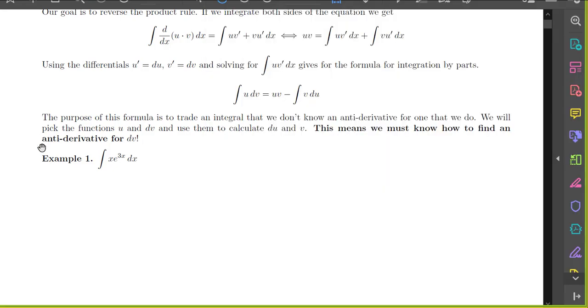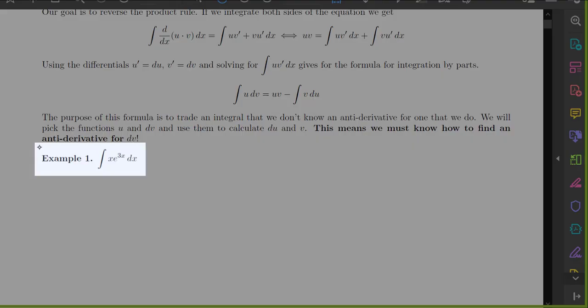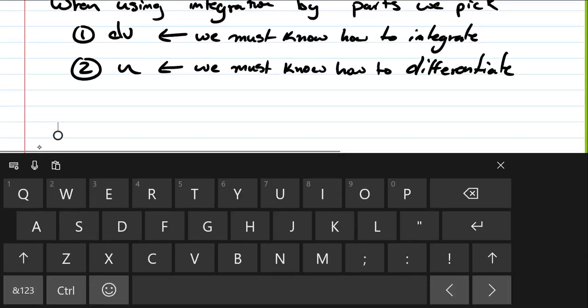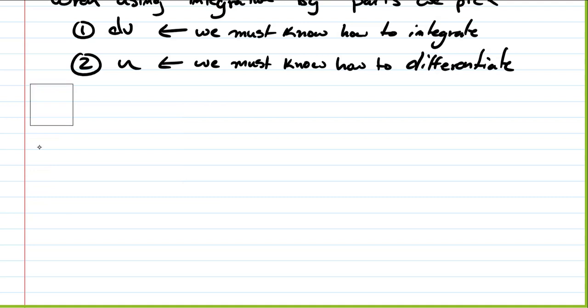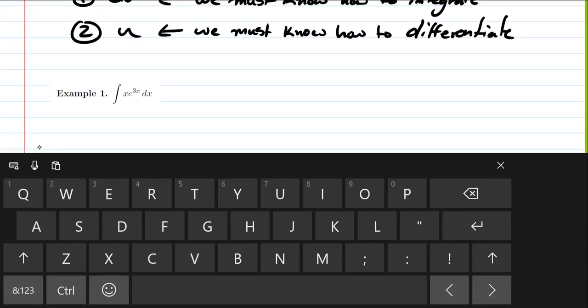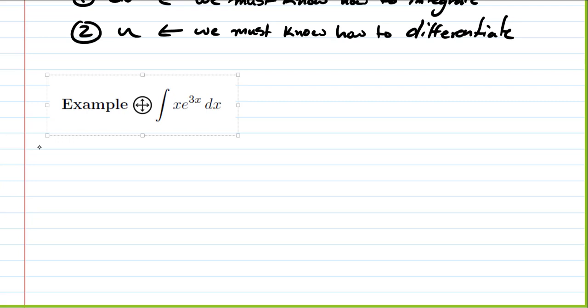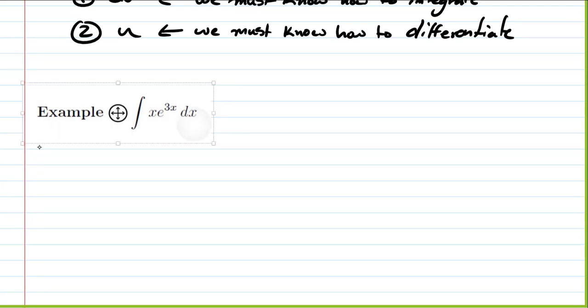So let's start with example number 1. We wish to find the integral of x e to the 3x dx.